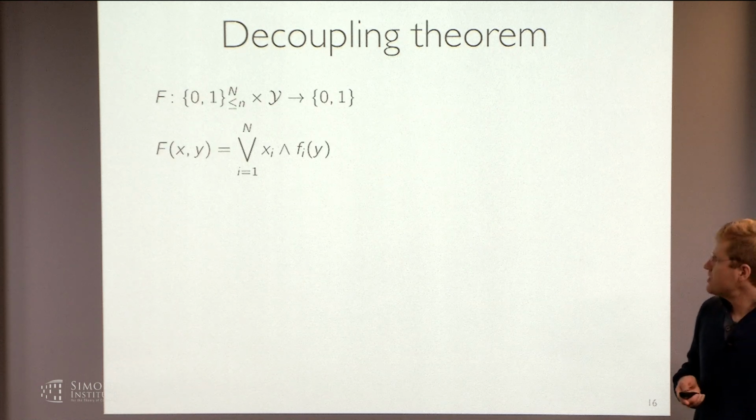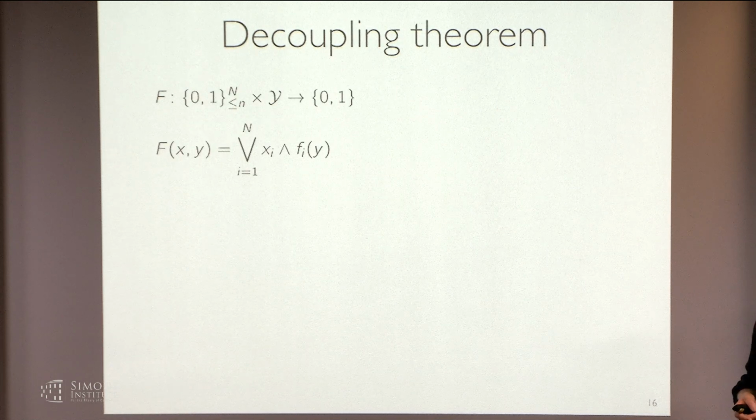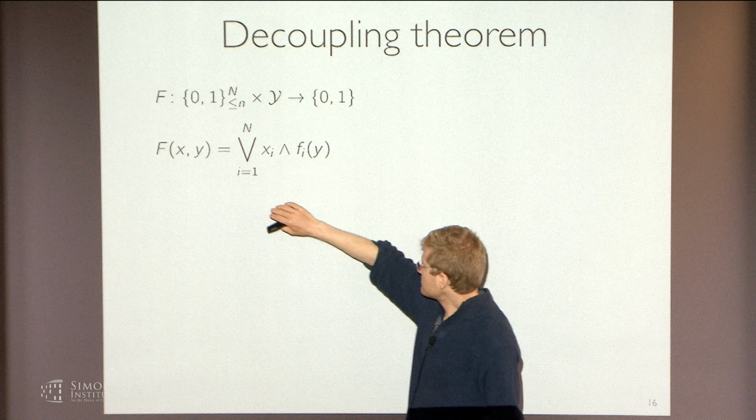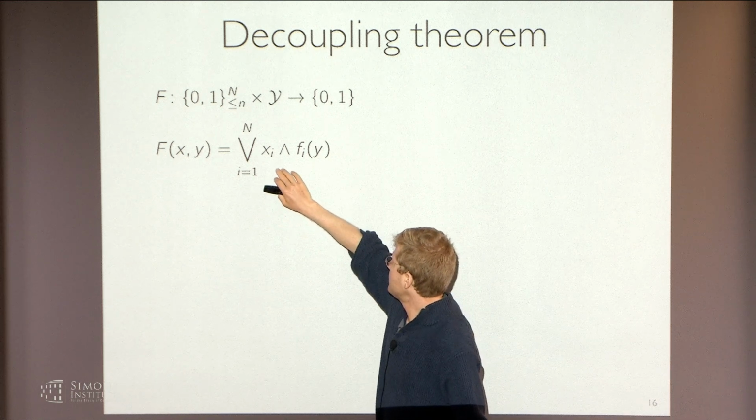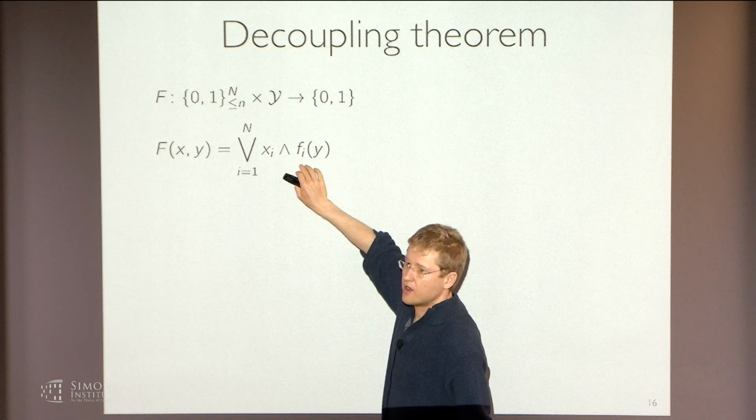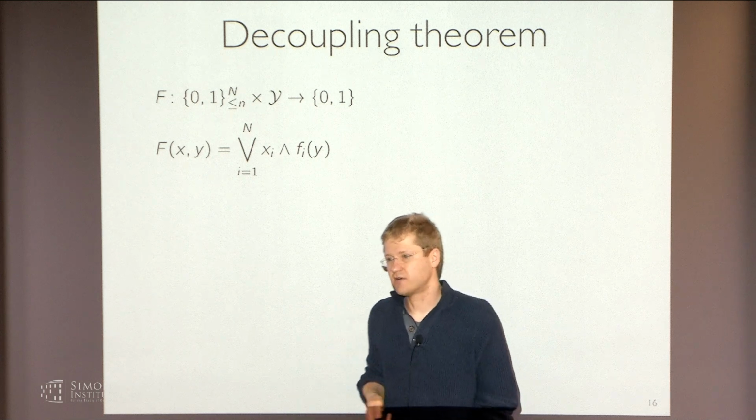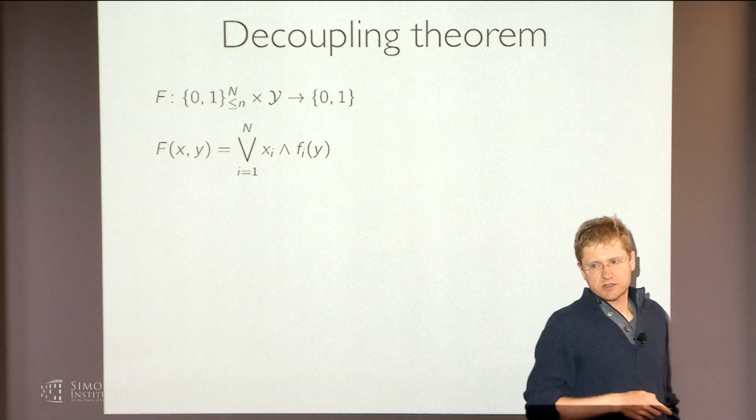Okay, the other primitive concerns functions that can be expressed as Boolean inner product, if you will. So it's a function of this form where you have x1 ANDed with fi. And each fi is a function on some universe.